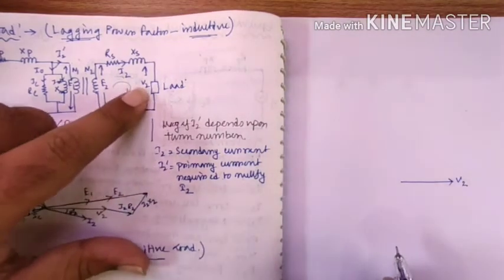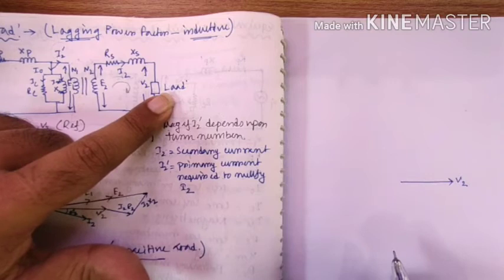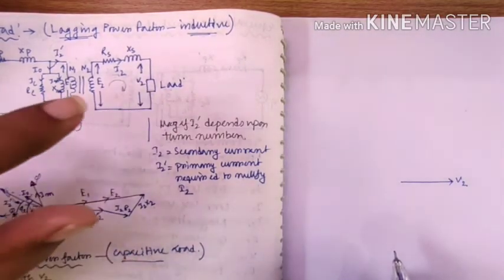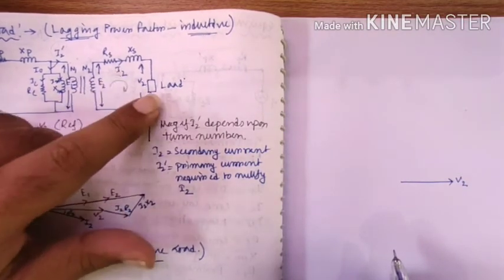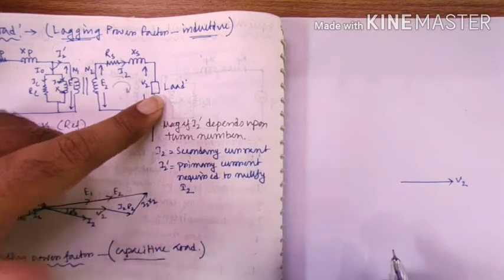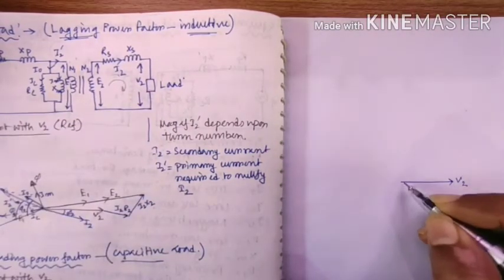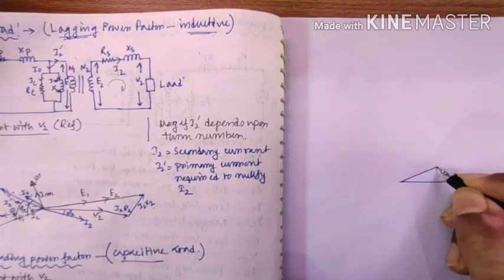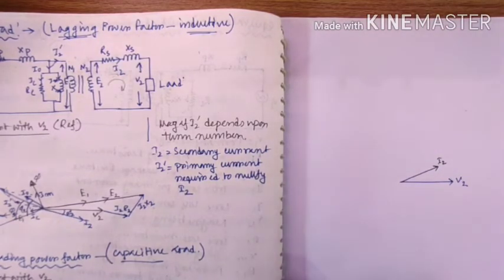V2 is the voltage applied or available across the load, which is now capacitive in nature. So now we know that in case of capacitive load, the current flowing through it should lead by an angle phi. So I2, what should be the direction of I2? I2 should be anywhere in this direction, because it's a capacitive current. It should lead with respect to the capacitive voltage V2.